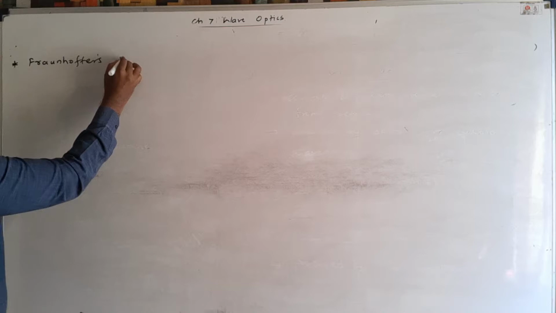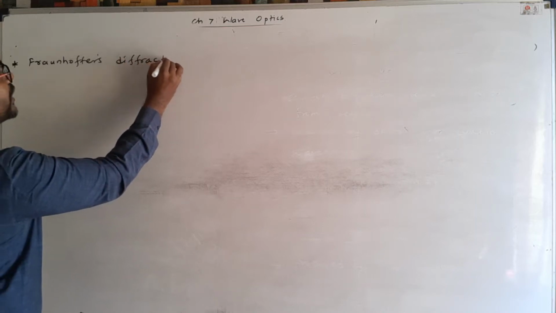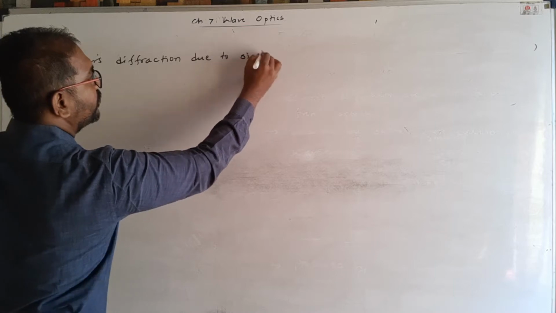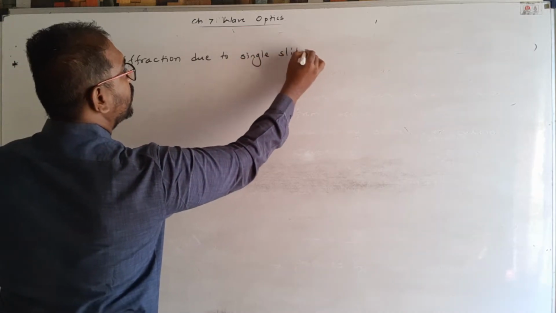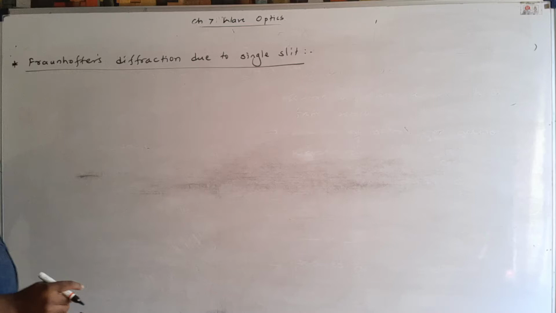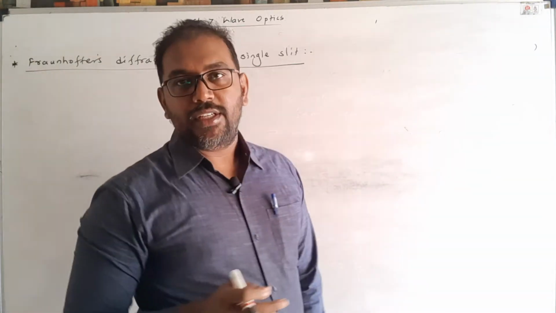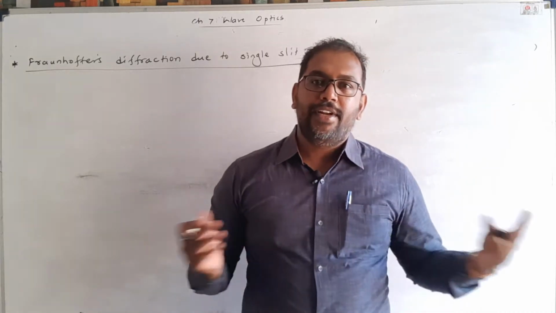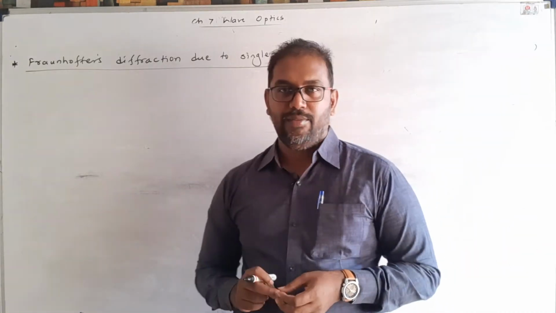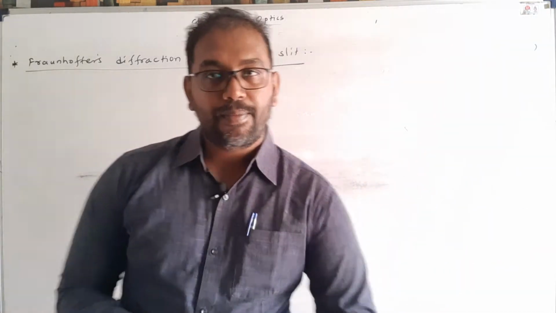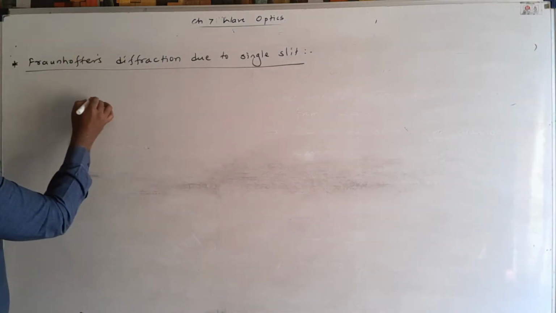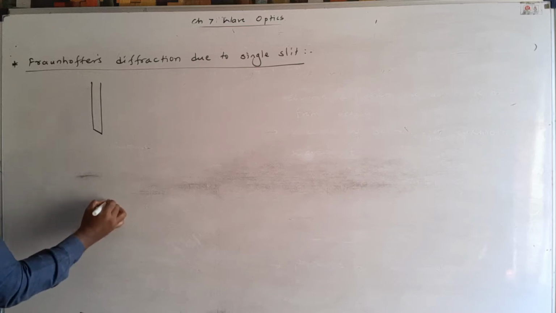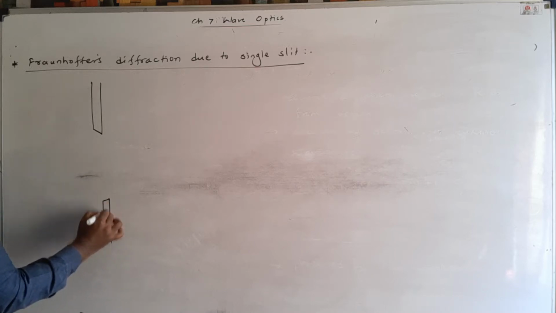Fraunhofer diffraction due to single slit. Fraunhofer means the diffraction pattern in which source and screen are at infinite distance from the obstacle. Now I consider, here this is the slit. Slit means a gap through which light is coming.